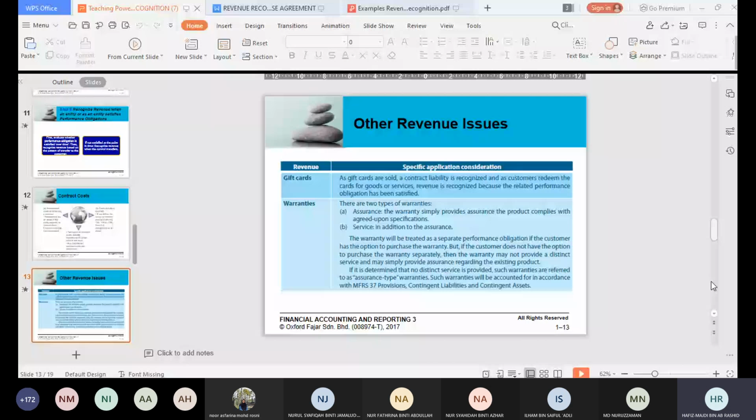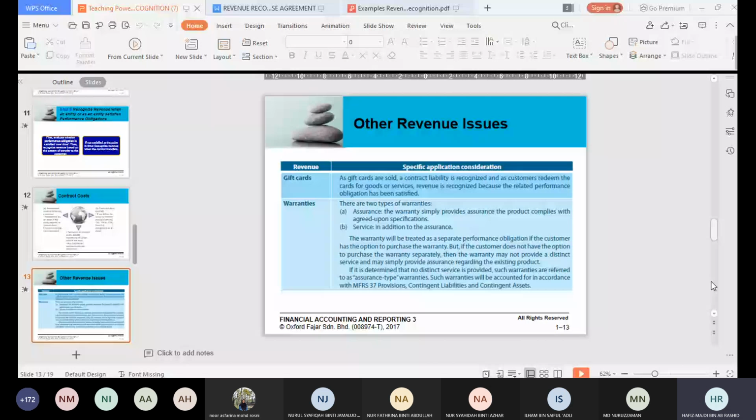This is what we call assurance. Okay, assurance, in order to assure that the product which you have sold is in a quality. That's mean in 1 year, usually it will not defect. And this is an assurance warranty which comes together with the purchase of the electrical products.